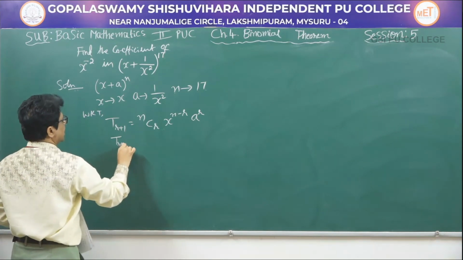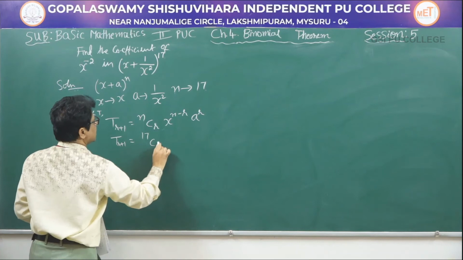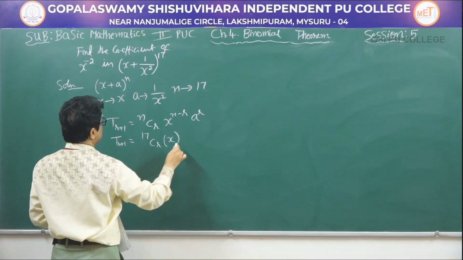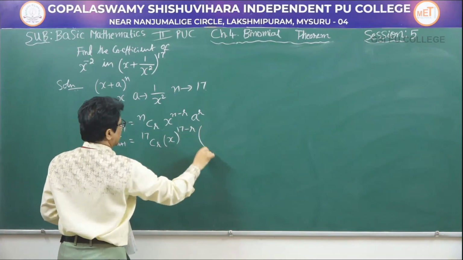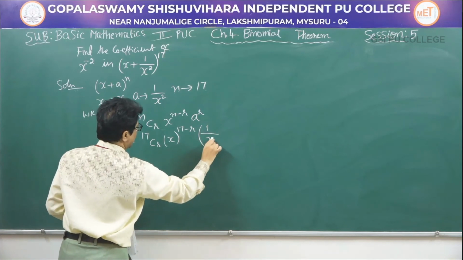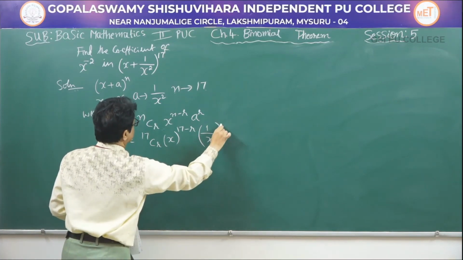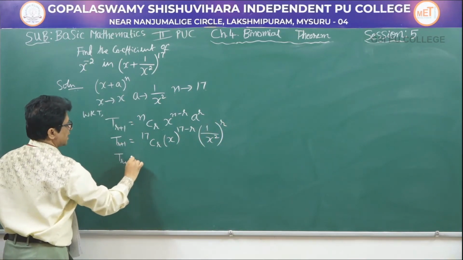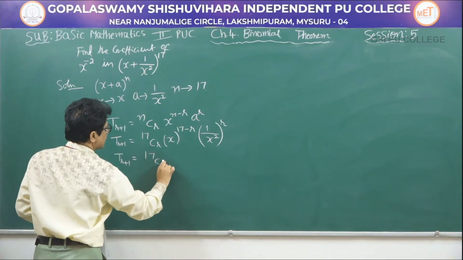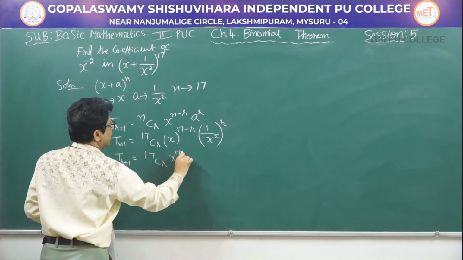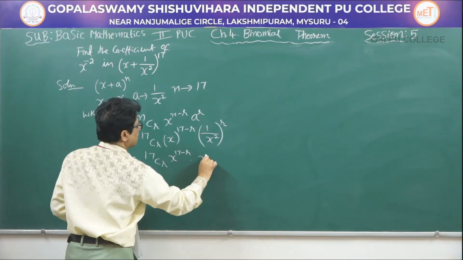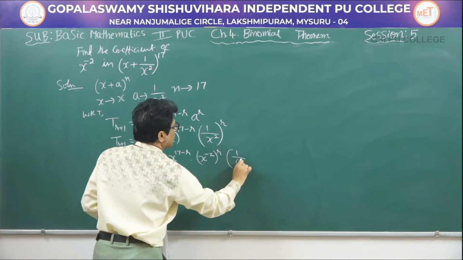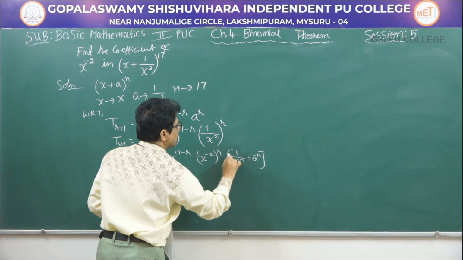we get T(r+1) is equal to 17Cr into x is nothing but x^(17-r) into a is nothing but (1/x^2)^r. So, T(r+1) is equal to 17Cr into x^(17-r) into (x^(-2))^r, because 1 by a^n is equal to a^(-n).